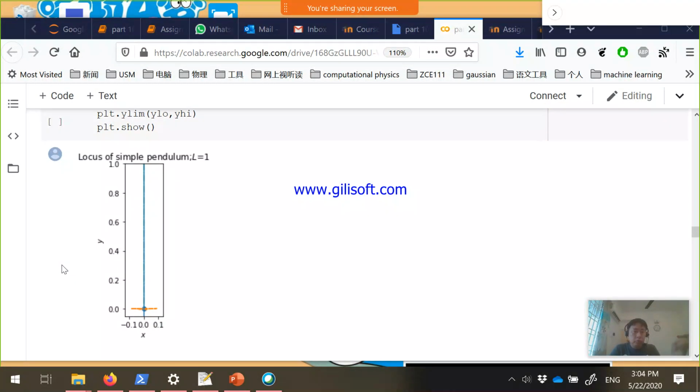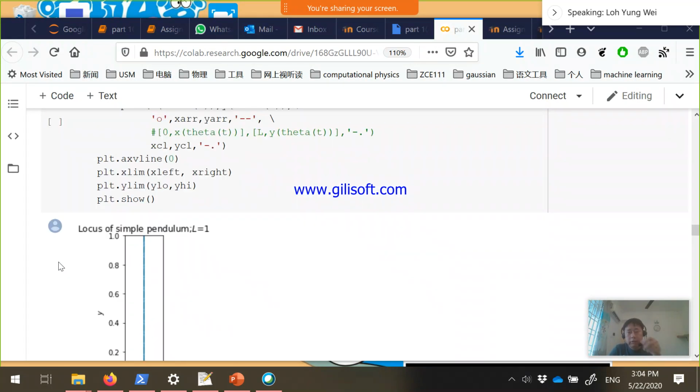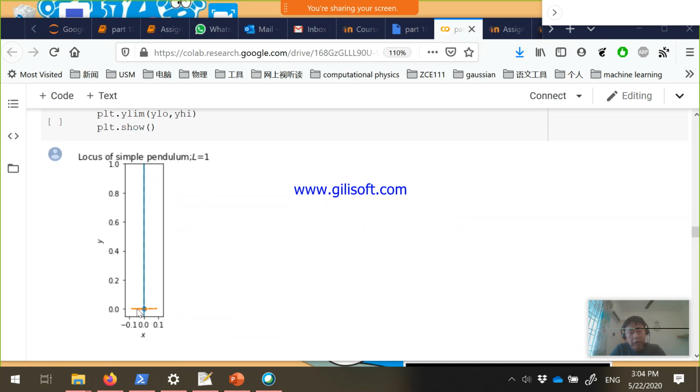The pendulum will swing according to some equations, and you solve the equations. The solution is in the form of a sinusoidal function. The angle will change as a function of time. At time t equals 0, it is at some location, and when time is 1, 2, 3, 4, or 5, the location will be at different places.